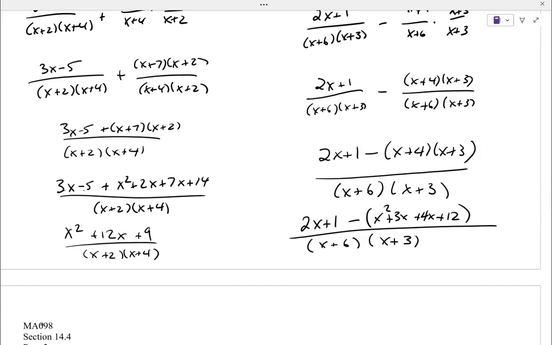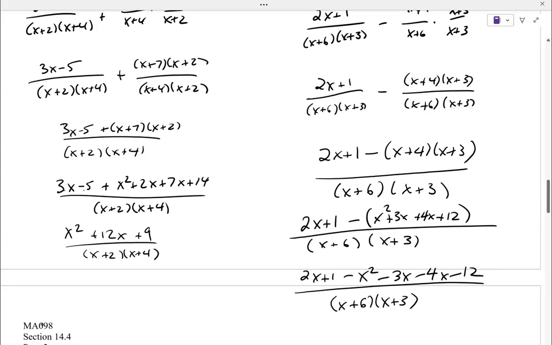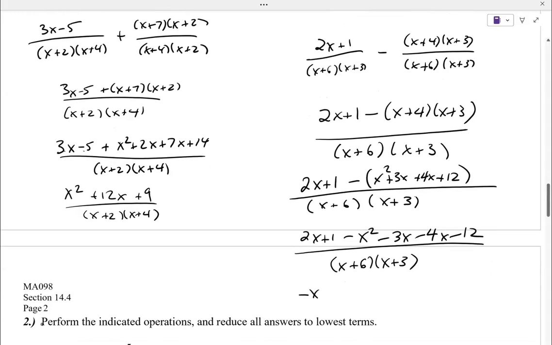Now let's distribute that minus sign through. We're almost done with this one. Make sure that minus sign gets distributed to everything. And now when we simplify, we've got minus x squared.